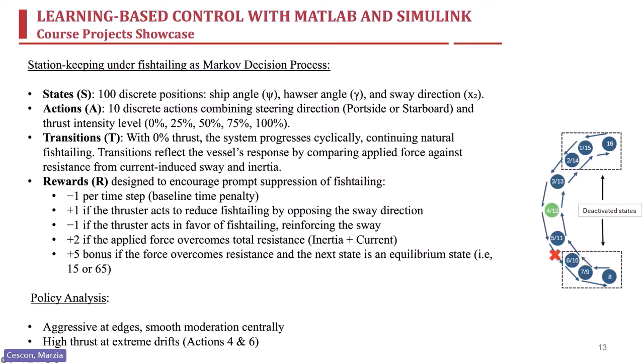For 0% thrust, the system progresses cyclically and continues the natural fishtailing. The transition between states reflects, of course, the response of the vessel by comparing the applied force against the resistance of the current-induced sway and inertia. And we postulated rewards designed to encourage proper suppression of the fishtailing. Of course, this was done by trial and error.